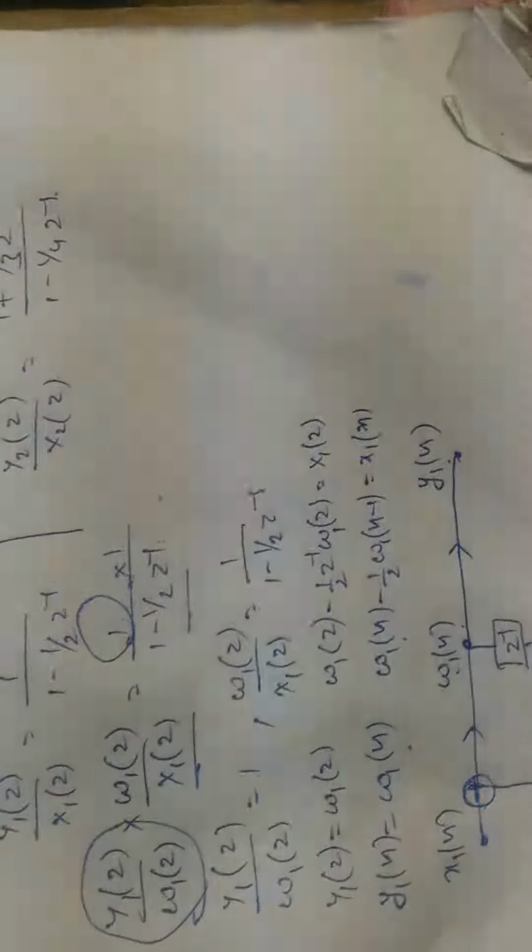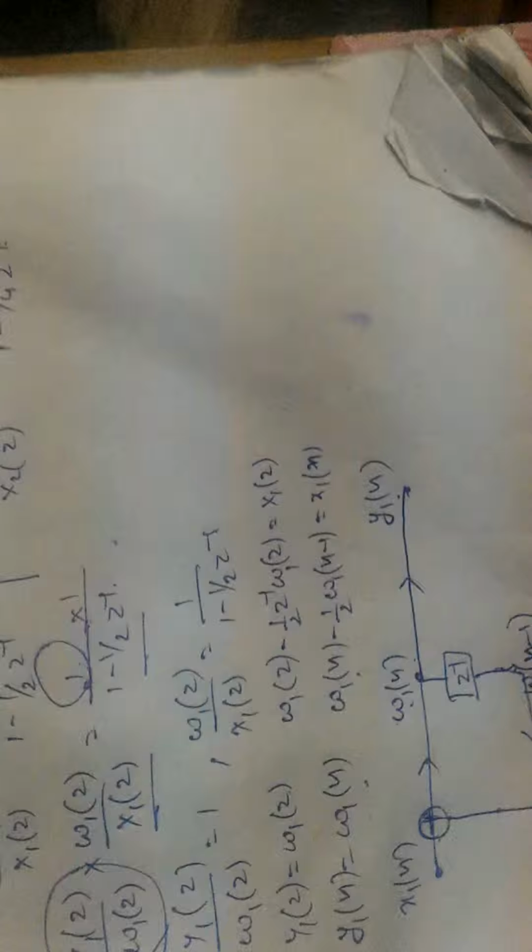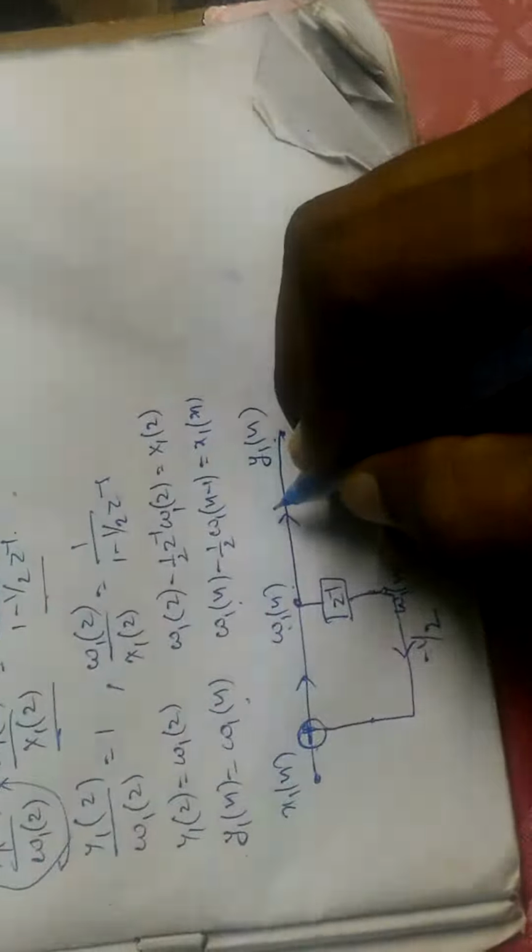The multiplication factor is minus 1 by 2, and this multiplication factor is minus 1 by 2, as shown here.